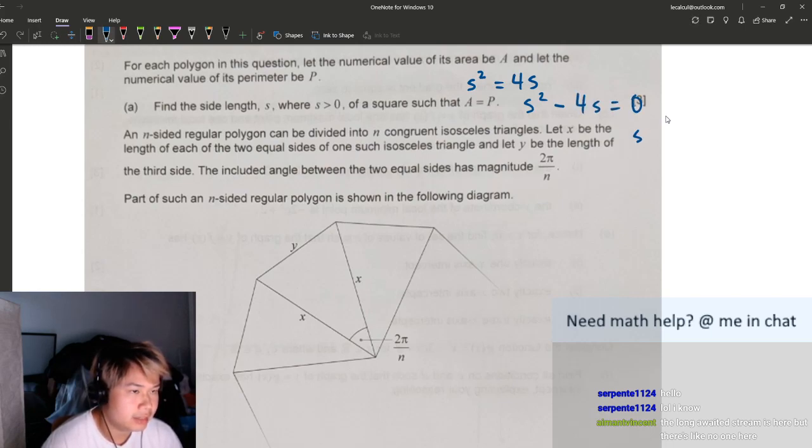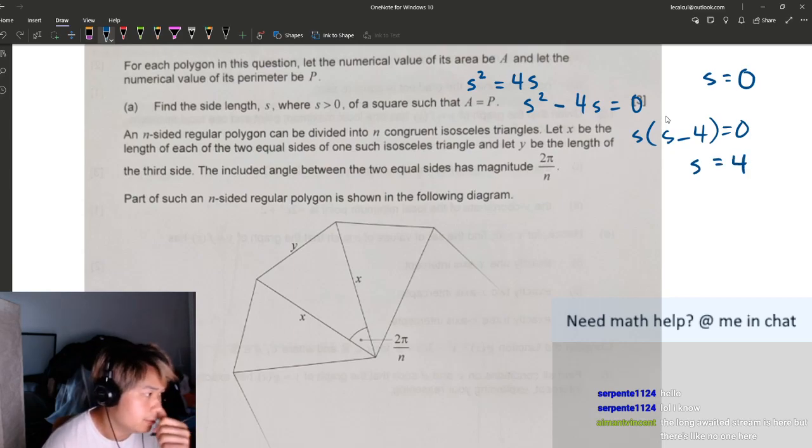You can factor out the S. So you have two options. You have the trivial answer, which is if you don't have a side length, then obviously the perimeter and area are the same because they're both 0. Or you have the side length is 4.